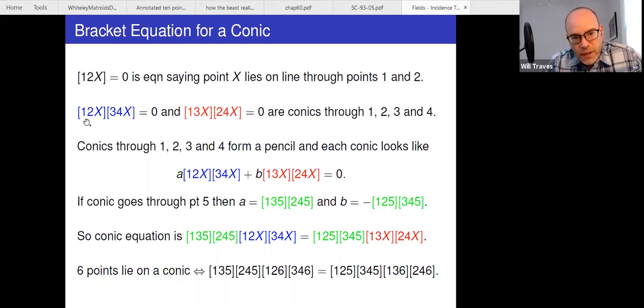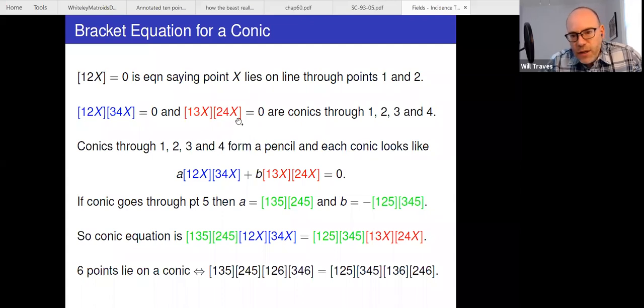Here's one of them. It's the union of the line through 1 and 2 and the line through 3 and 4. That union of 2 lines goes through the points 1, 2, 3, and 4. Similarly, the line through 1 and 3 and the line through 2 and 4 is a second conic that goes through those points.